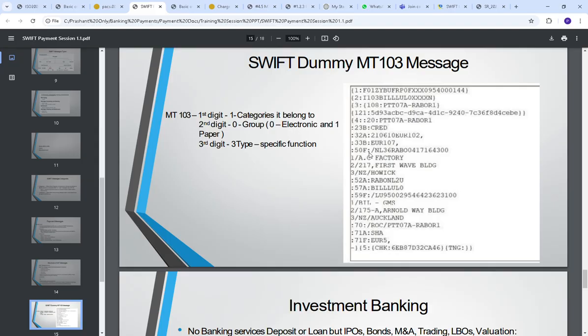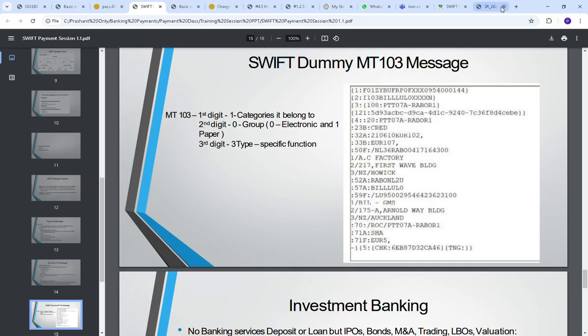So Shruti is 50A, and Shruti's bank is HDFC Bank, which is 52A. Here Rabobank is Shruti's bank, and 57A is Priya's receiving bank, ICICI Bank for example. And 59F is Priya's details, the identification code and address.